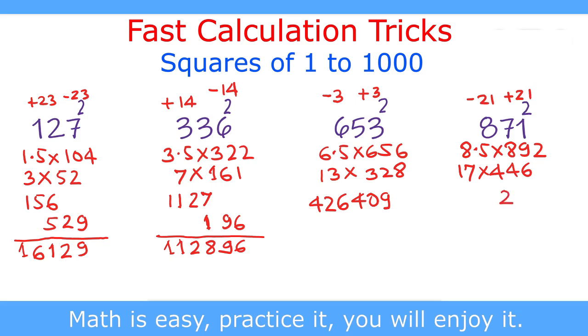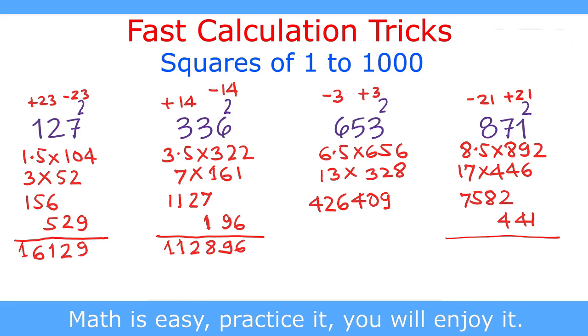On multiplying 17 to 446, 17 times 6 is 102, we write 2 and carry 10. 17 times 4 is 68 plus 10 is 78, we write 8 and carry 7. 17 times 4 is 68 plus 7 is 75. Now square of minus 21 or plus 21 is 441. We write 2 digits 41 and carry 4.